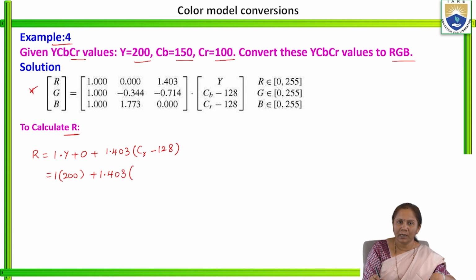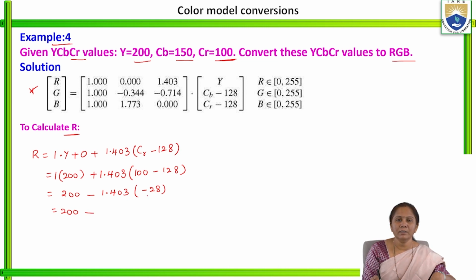Plus 1.403 into CR, which is 100, minus 128. So 200 plus 1.403 into the difference, which is minus 28. After multiplying these two values, we get minus 39.256.